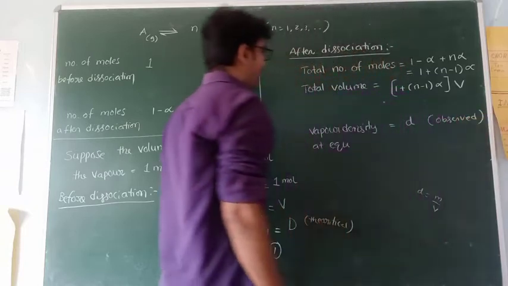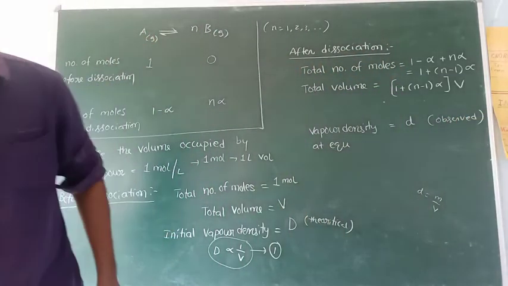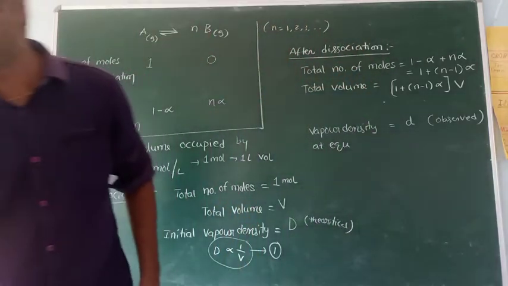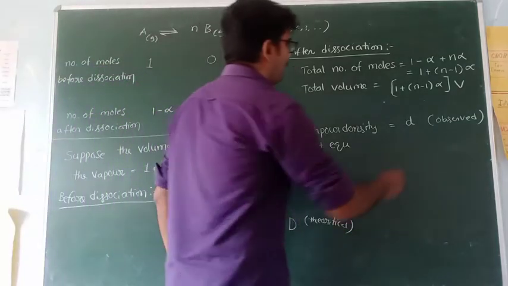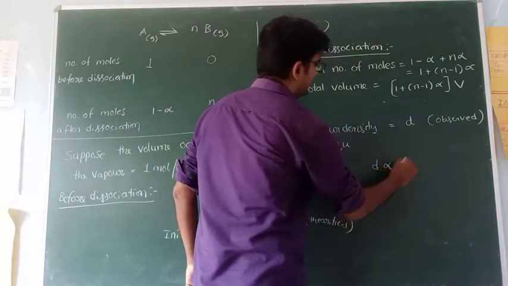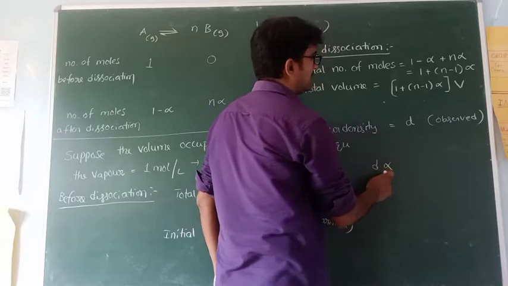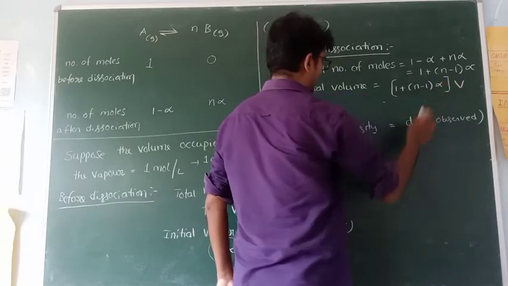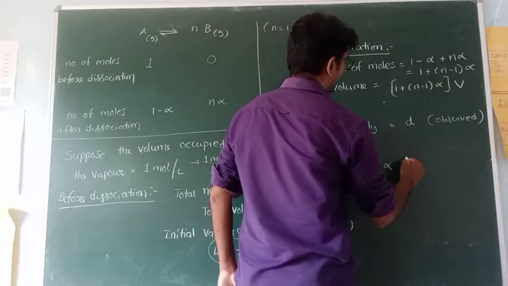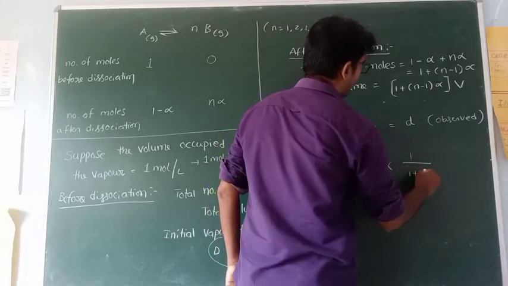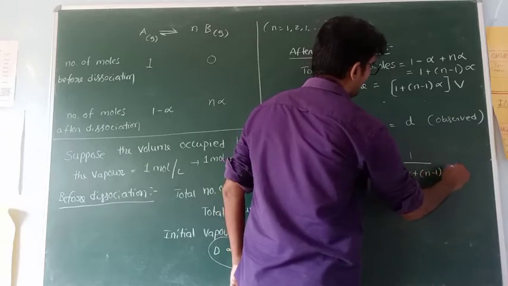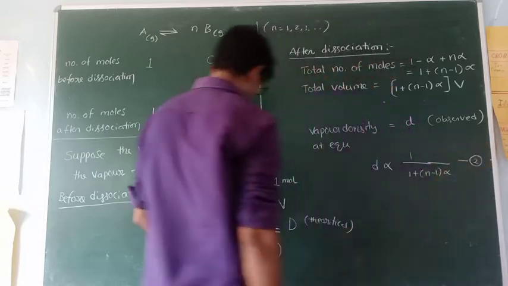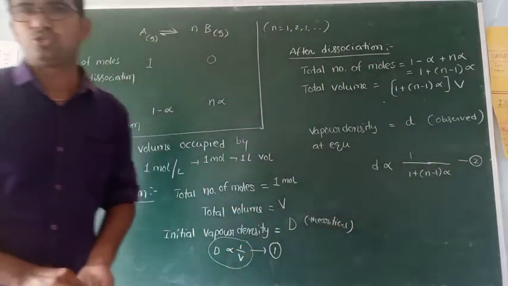Now, what is the relation between density and volume? We know that density is inversely proportional to volume. So d is inversely proportional to 1 by (1 plus (n minus 1) into alpha), where alpha is the degree of dissociation. This is equation number 2, and that was equation 1.